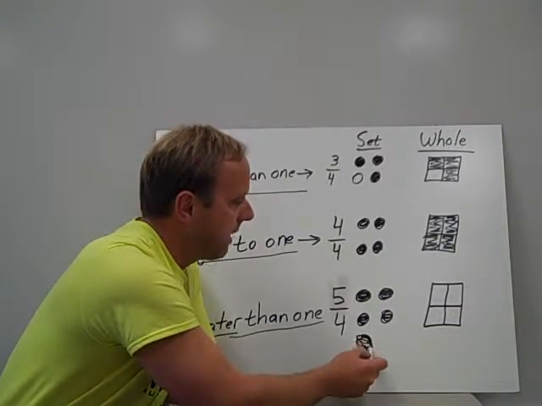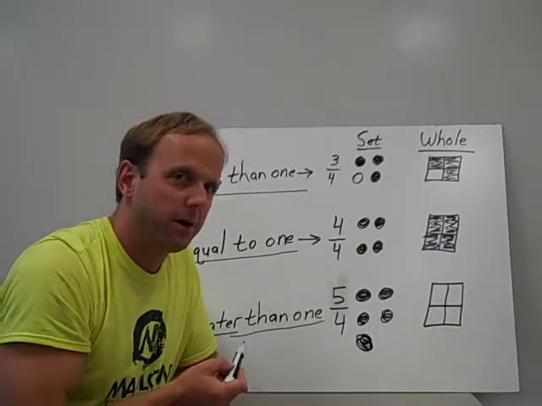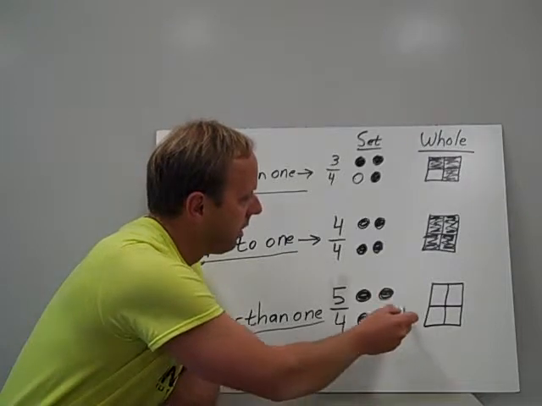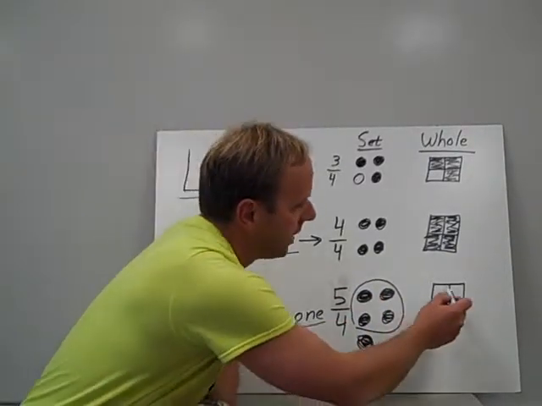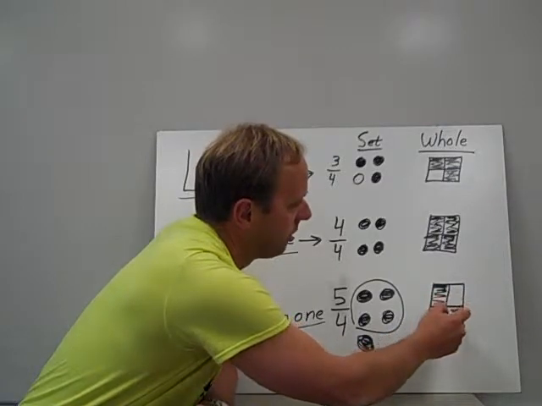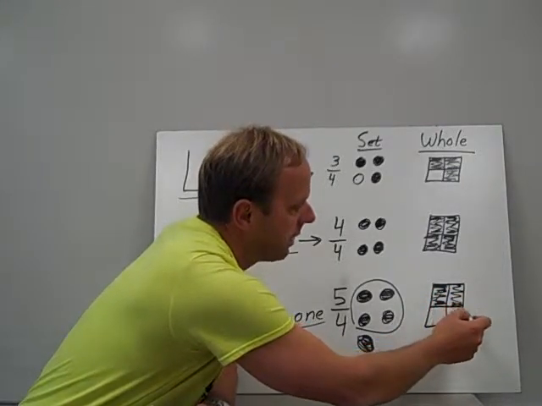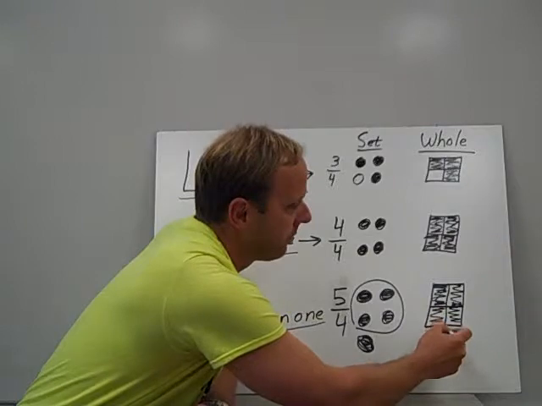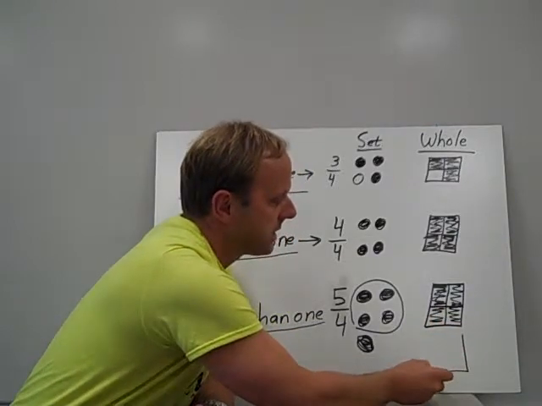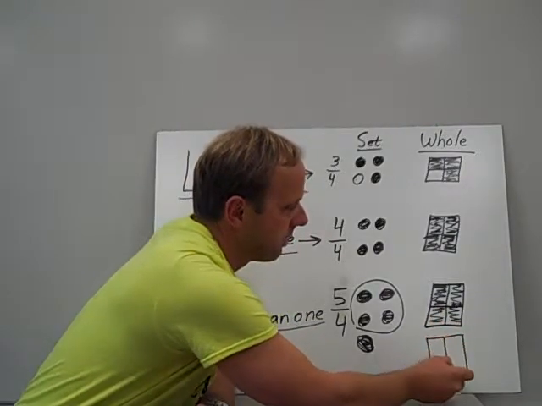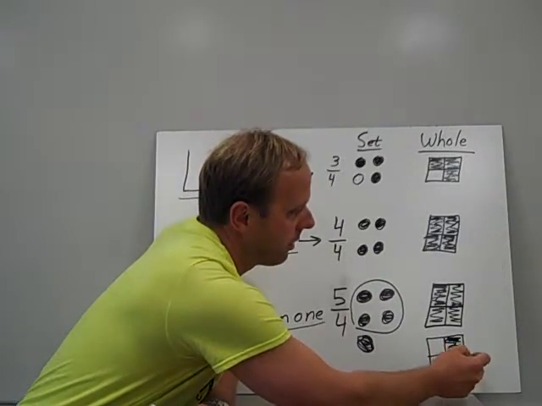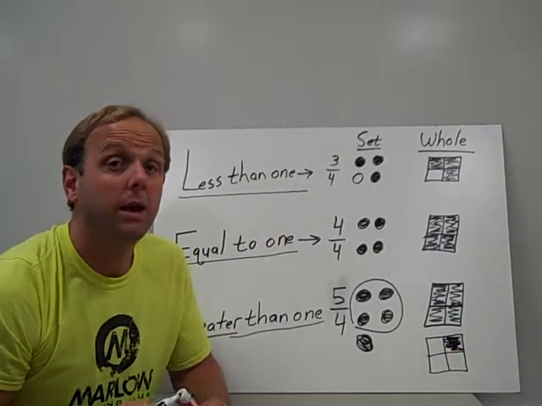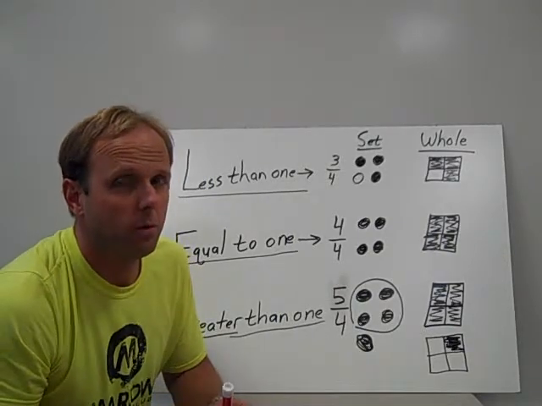I have 5/4, but if I identified 1 whole, I would only look at 4 of them. When it's part of a whole, here I have 4/4, so it means that I have to consider 1 part of another one. I have more than 1 whole, and I'm representing that with a fraction.